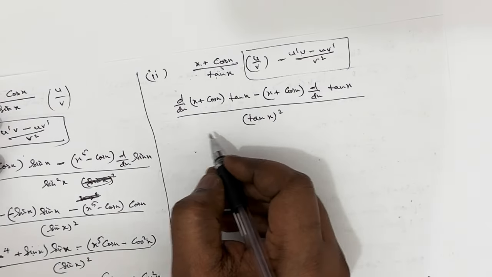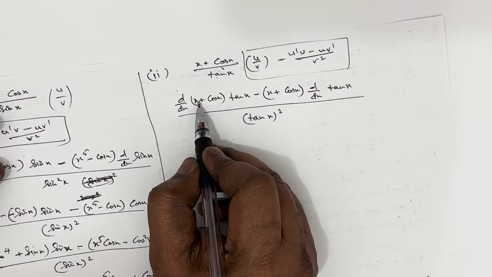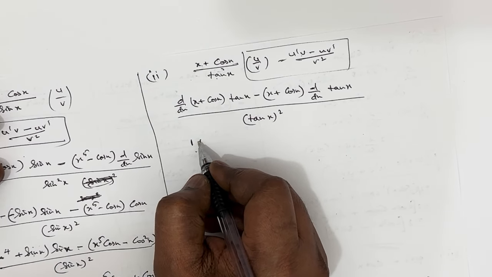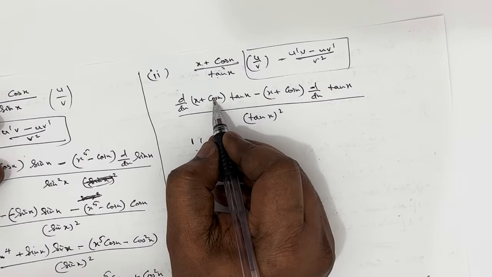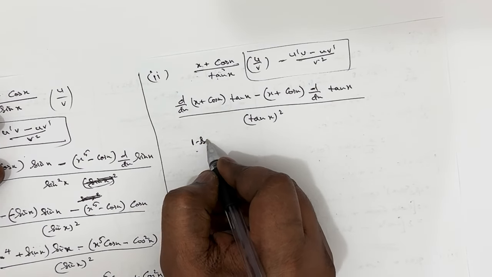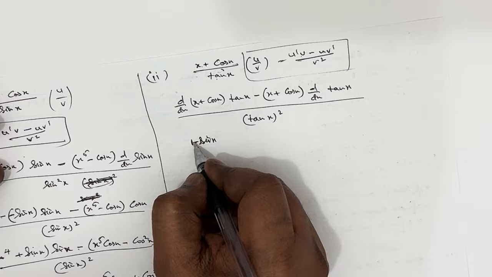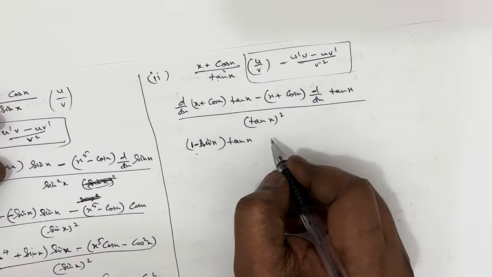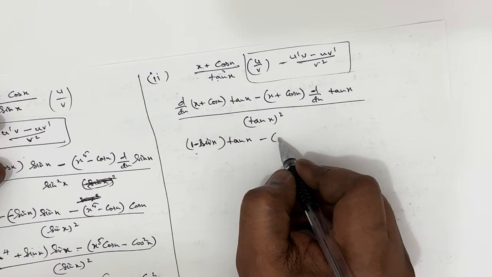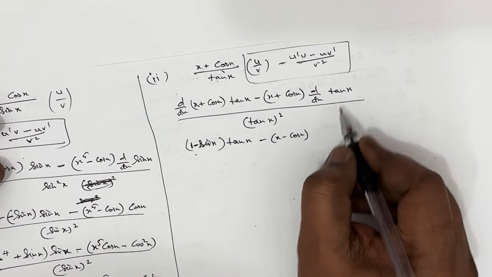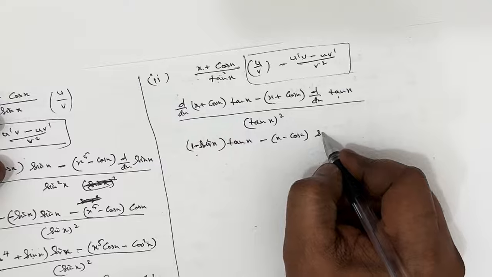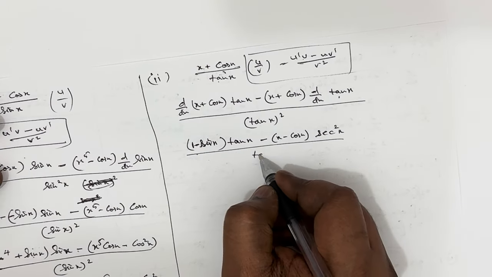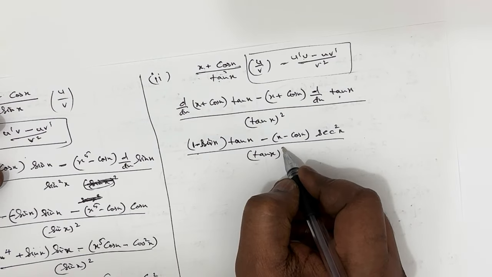So derivative of x is 1, so 1 plus, and derivative of cos x is minus sin x, multiplied by tan x. So this will be minus (x + cos x), derivative of tan x is secant square x, upon (tan x) whole square.